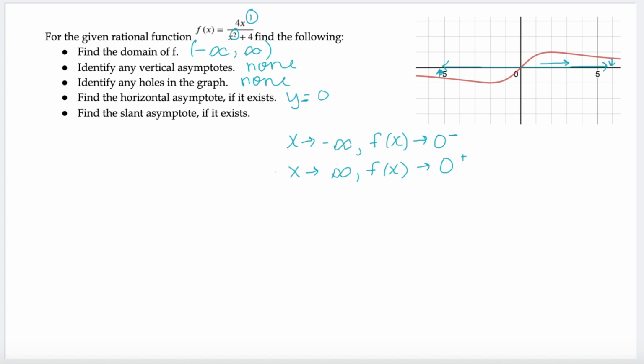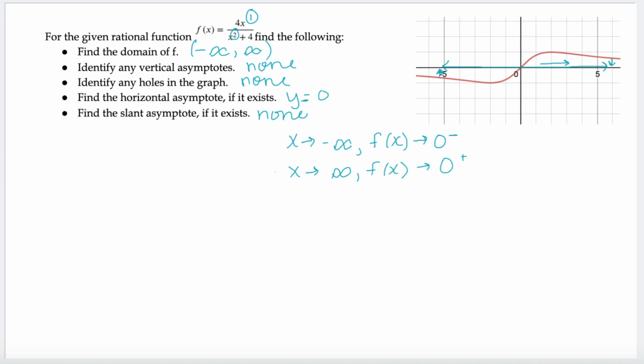When I'm looking at the slant asymptote, there is going to be none because the degree of the numerator must be exactly one more than the degree of the denominator. In this case, it's the other way around, so there is no slant asymptote.